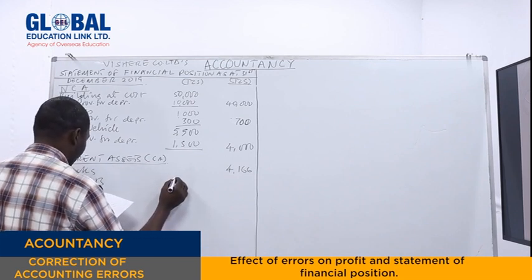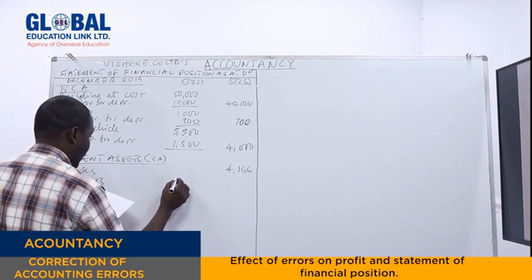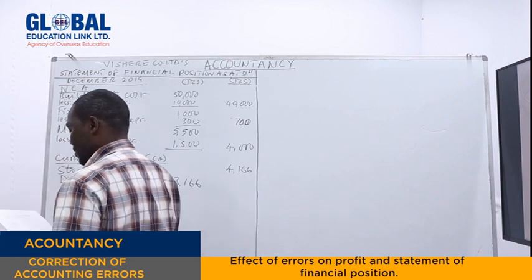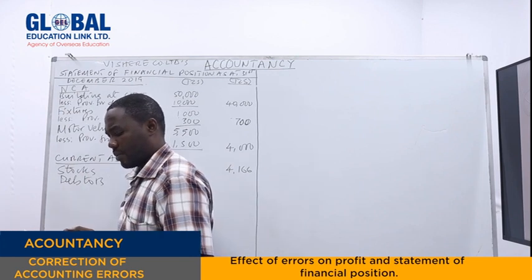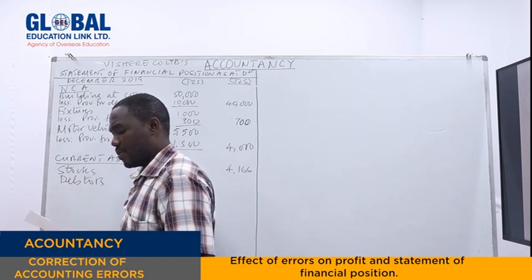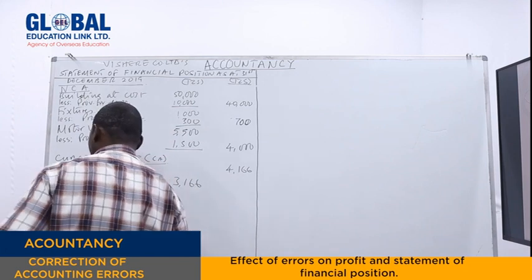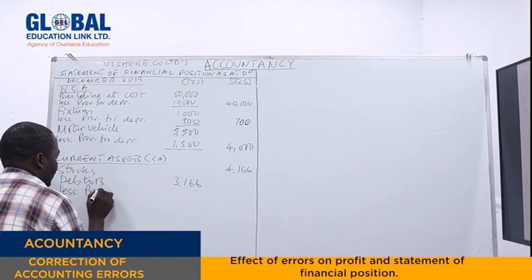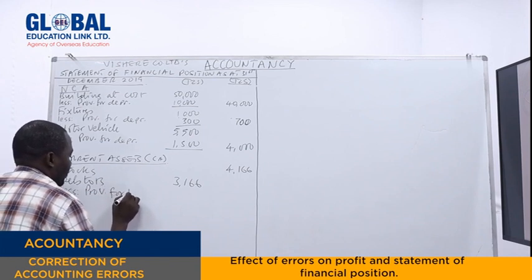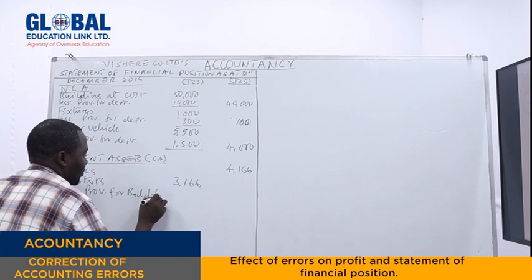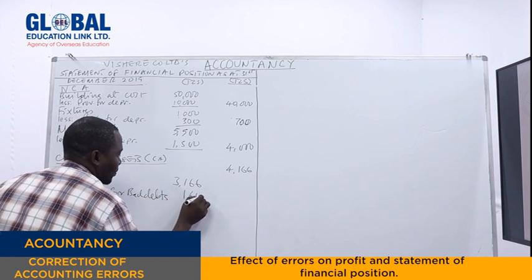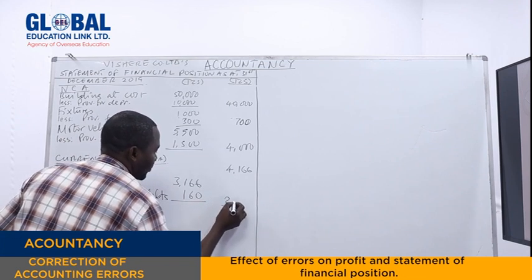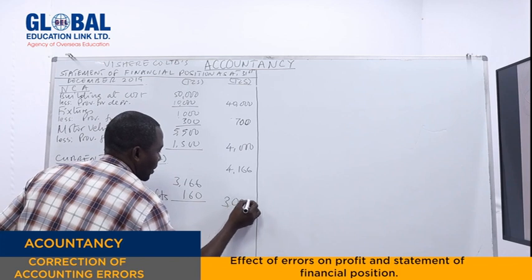Debtors were amounting to 3,166. But we have provision for bad debts, 160. So we reduce from debtors. If you reduce here, you get 3,006.